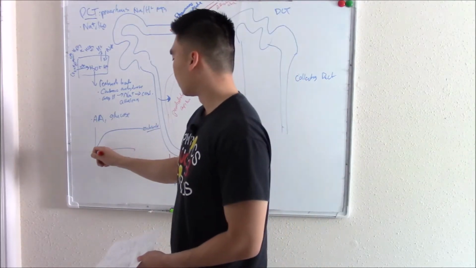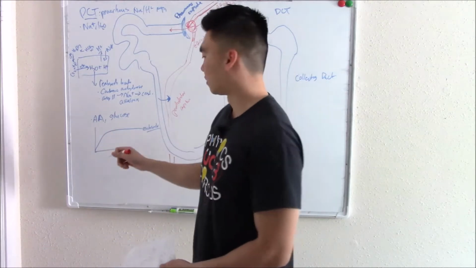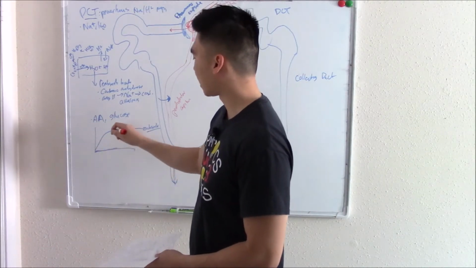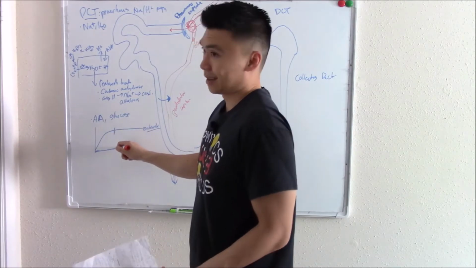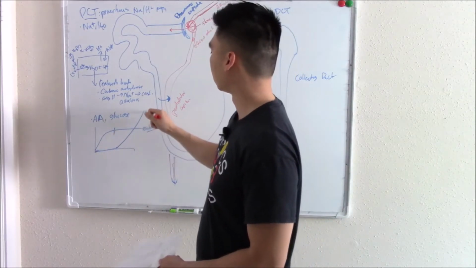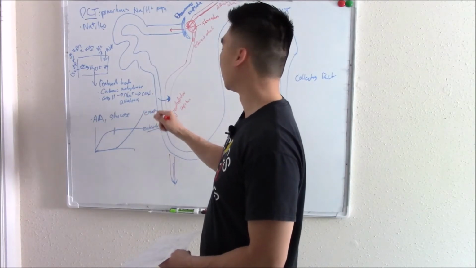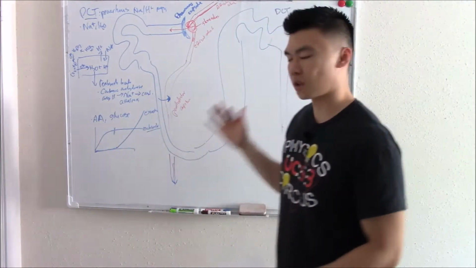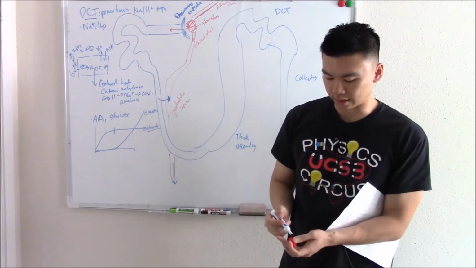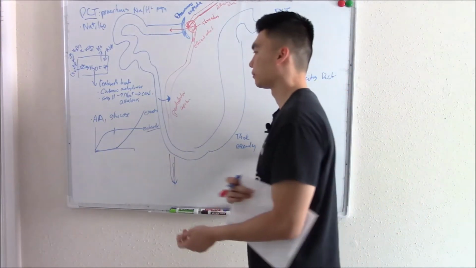Or they might make it as an excretion graph. So you're not going to excrete any glucose because it's a valuable commodity, but once you hit that threshold, you can't absorb anymore. So then you'll start excreting it, right? So this would be excretion. Many different ways they throw it at you, but all the same, all right? As long as you know that you can only take so much glucose, you should be fine.